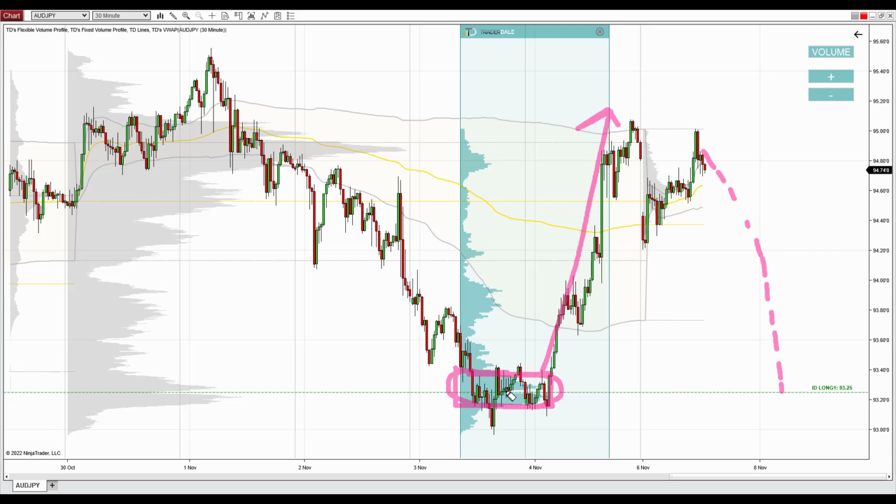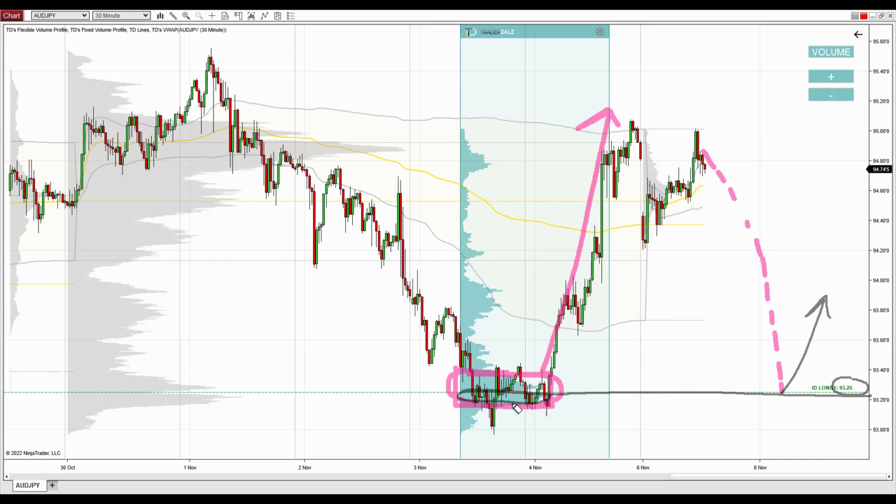If you look at the volume distribution, this is the heaviest volume zone, and it begins at 93.25. So when there's that pullback, I expect that those buyers will want to defend this place. I expect them to become active and to push the price upwards from there again.